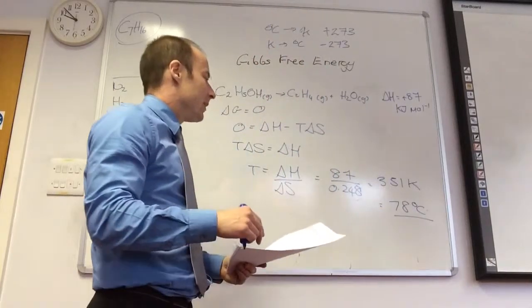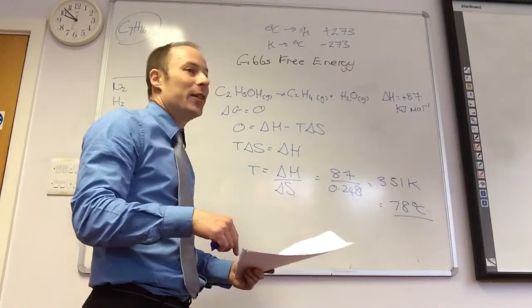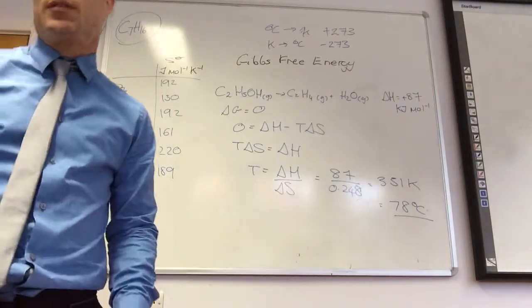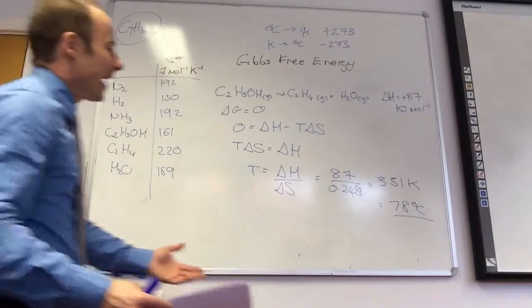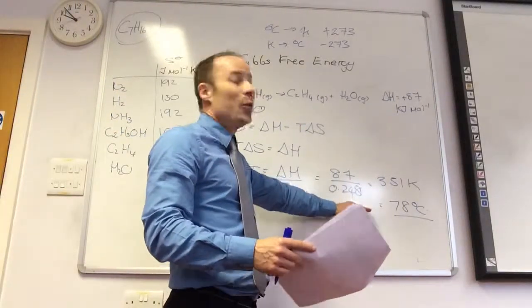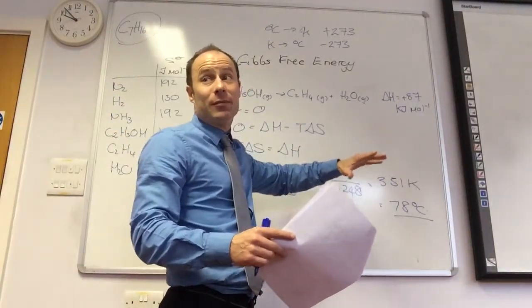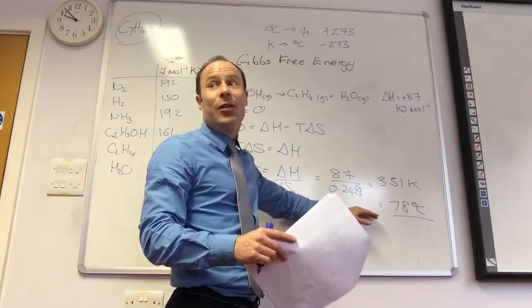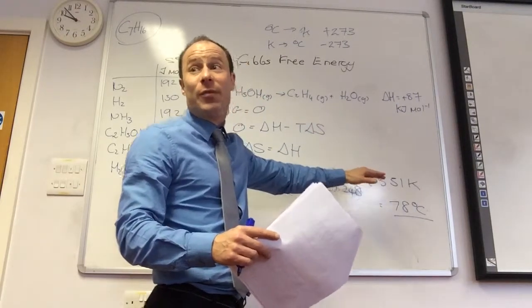Which makes sense because we just found out that 25 degrees C was unfeasible. 78 is the temperature at which it's at the cusp. So as I increase the temperature, it becomes more feasible.